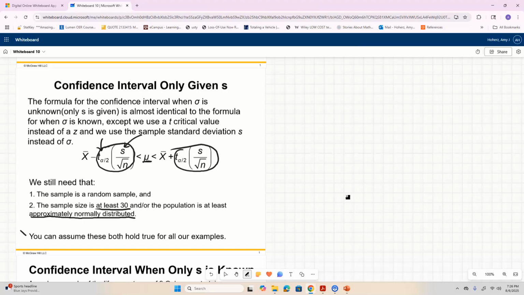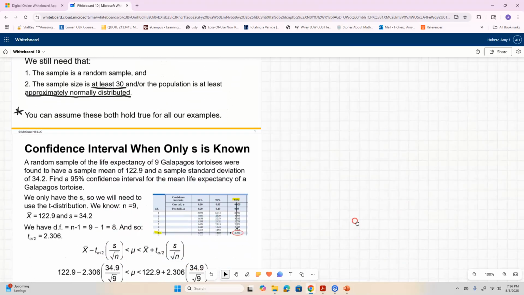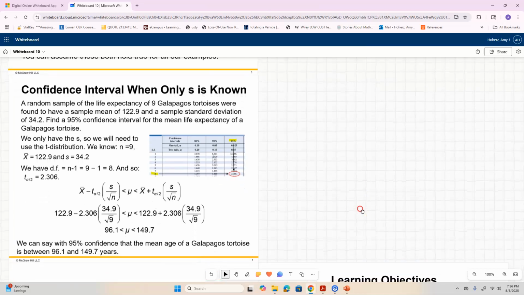For our practice, since we're just trying to practice this right now, we're going to assume that these both hold true for our examples. So we can assume that the data we're dealing with is okay to use these techniques with. So let's see what they sound like.